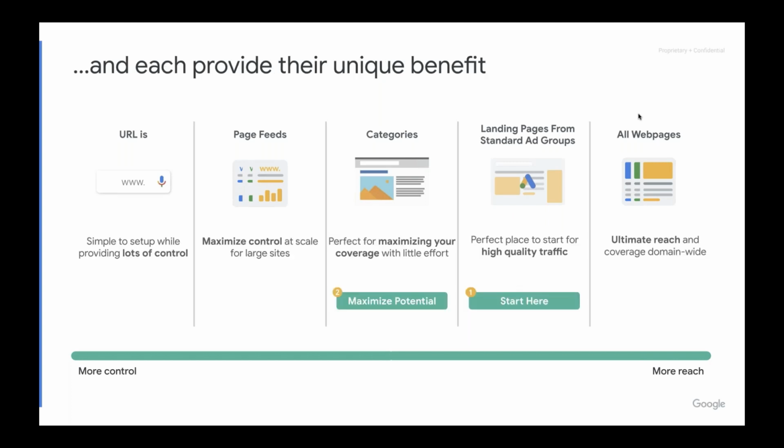So as I mentioned, the best option really, and why do we recommend starting with landing pages, is because you invest so much effort into creating those landing pages. But the biggest thing is also that you have a clear call to action on the landing pages you select to target within dynamic search ads. It really helps make sure you're efficient with your investment, right? Because the worst thing is people you paid for landing on your landing pages and actually not converting.